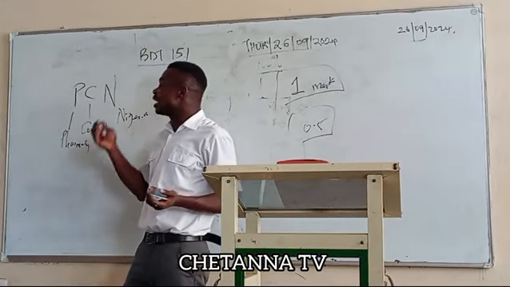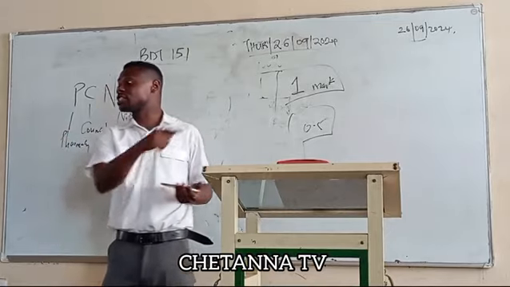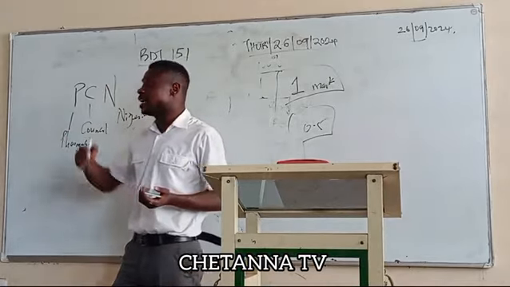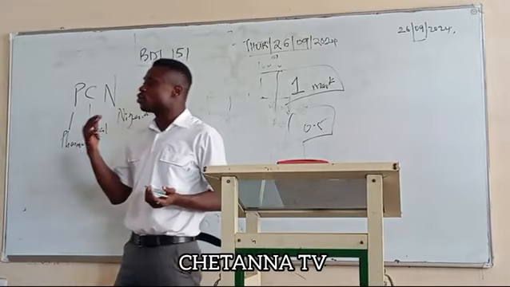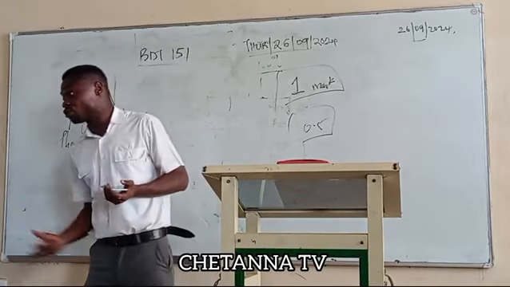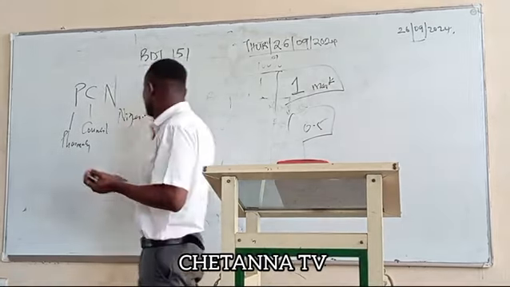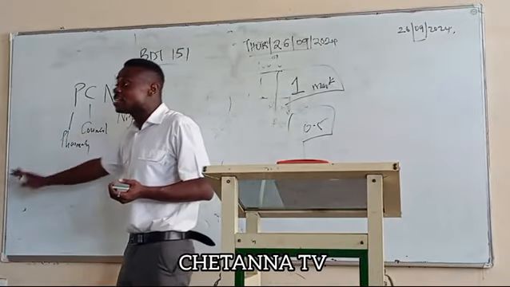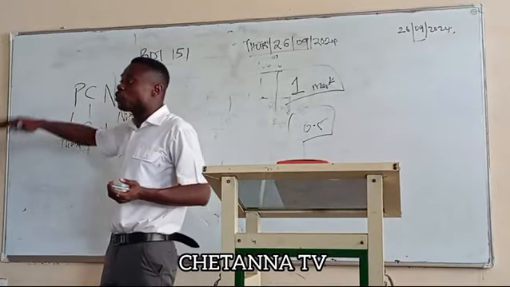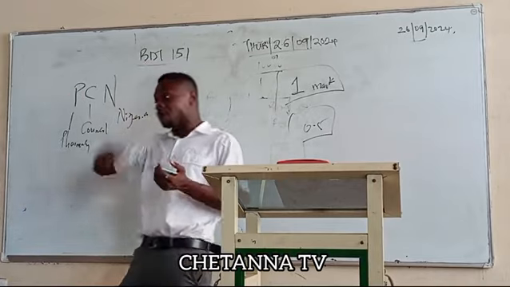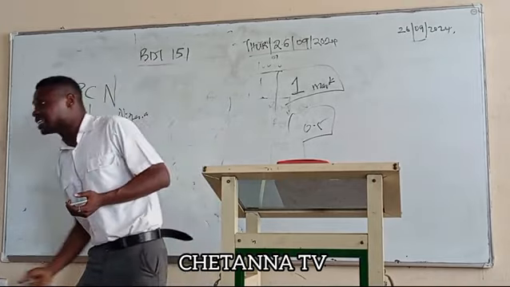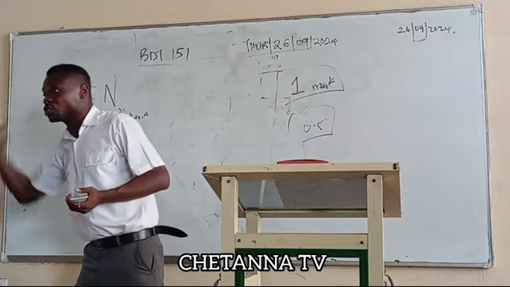There are some drugs that are dispensed in a pharmacy that cannot be dispensed in such a place, because they are not qualified to handle such medicines. So this is why the PCN will regulate. By registration, it means that they have come, first of all, and looked at it and said it is okay for such practice.